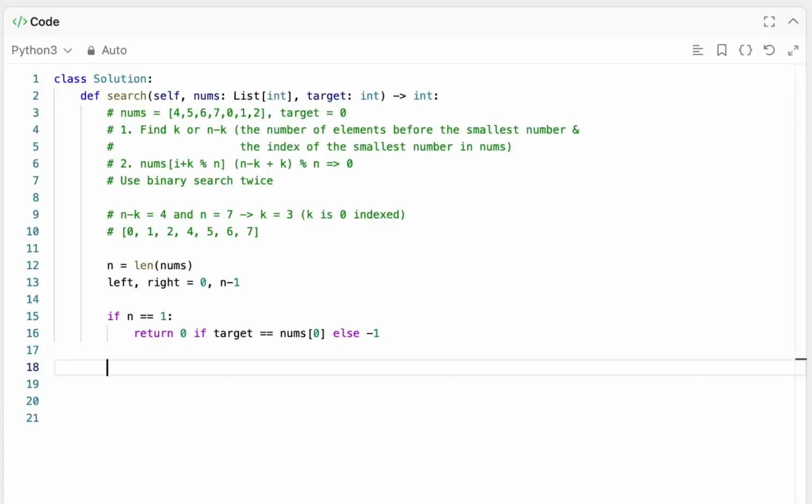What am I trying to search for here? I want to search for k. We are searching for k that is superior to 1 and strictly inferior to n.